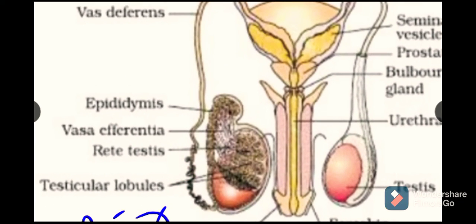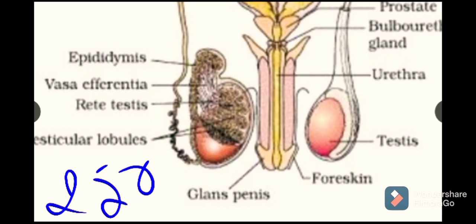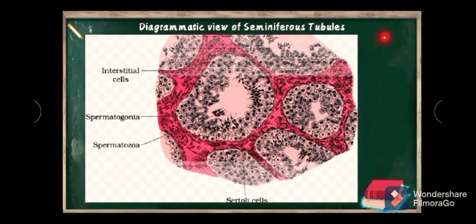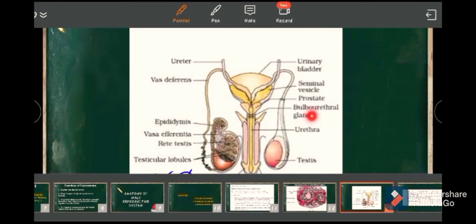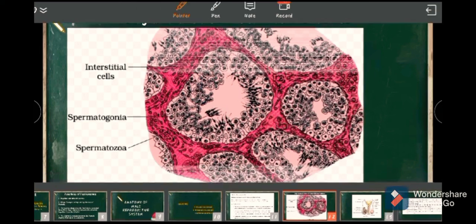From these seminiferous tubules only, sperms are produced. Now if you see this diagram, it shows a diagrammatic view of how the seminiferous tubules look inside. If you dissect the seminiferous tubules, which are present inside the testicular lobules, you will see them in this manner.